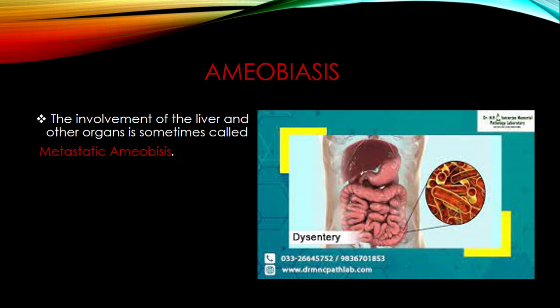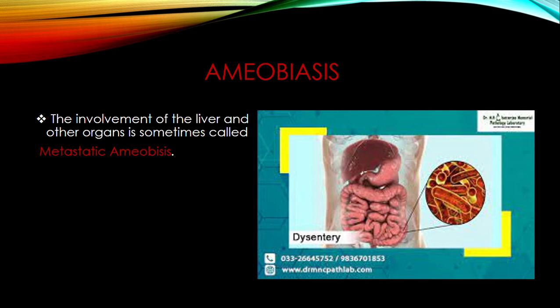Once it enters into the GIT, it breaks and releases an active organism called a trophozoite. This trophozoite is the one which will start to infect the lining of the intestines. At this point, these organisms can even be found in the stool.